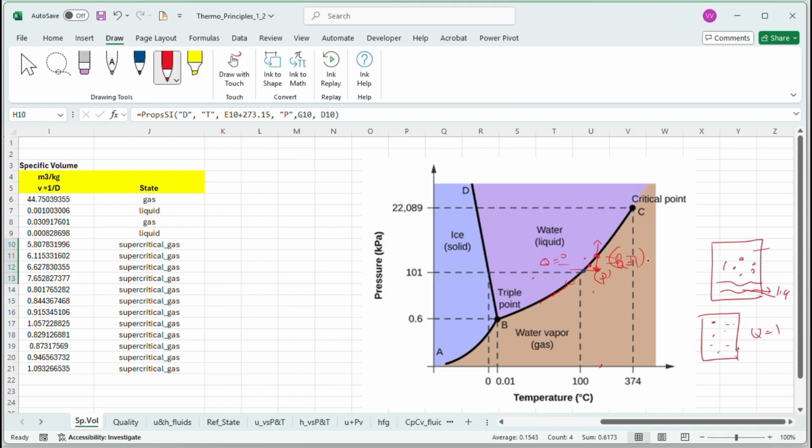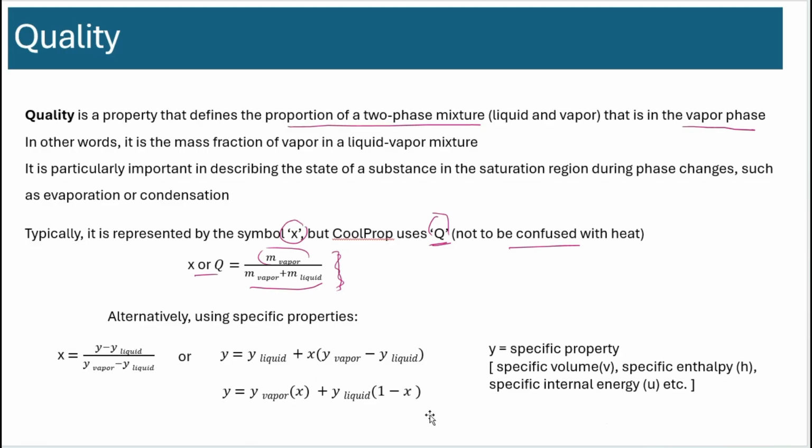Okay, let's say they are in equilibrium. So if you know some specific property y of the liquid phase and of the gas phase, and also the overall value, then you could use that to estimate the quality in a reverse method. Okay, so this is the equation for that.